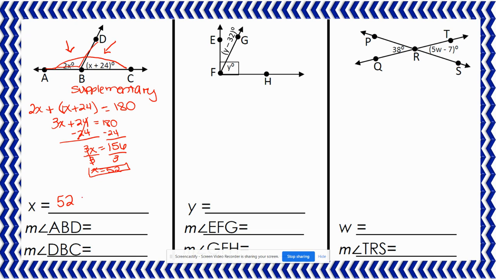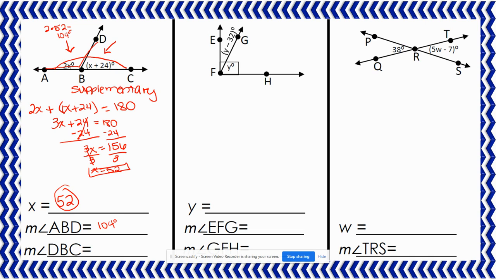But what I just found is that x is actually 52. So I can plug in 52 for x to figure out what this angle equals. Instead of 2 times x, I'm going to say 2 times 52, since I know that x is 52, and that is 104. So that means that the measure of angle ABD is 104 degrees.